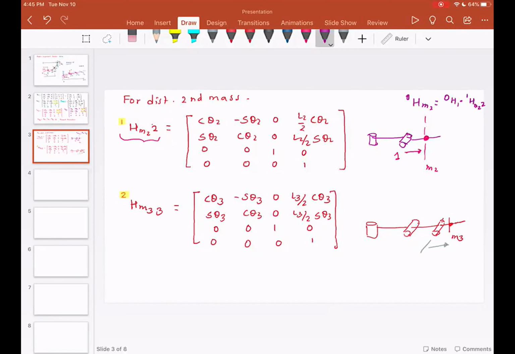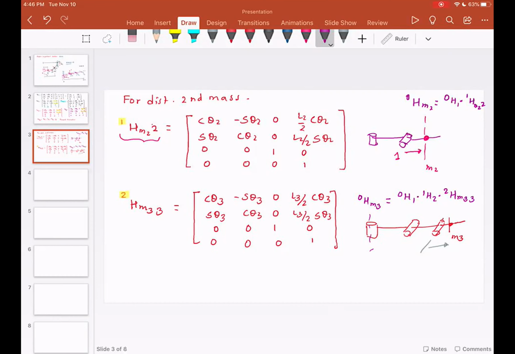And when I'm interested in 0HM3, which is the transformation from the base frame, the 0th frame, all the way to M3, then I need to do 0H1, 1H2, and 2HM3.